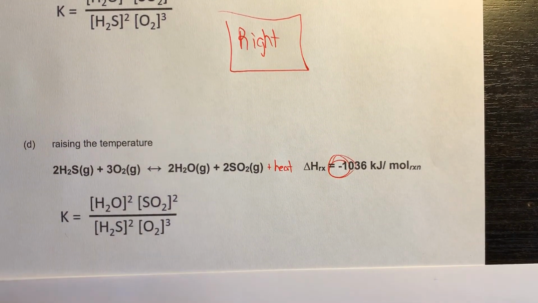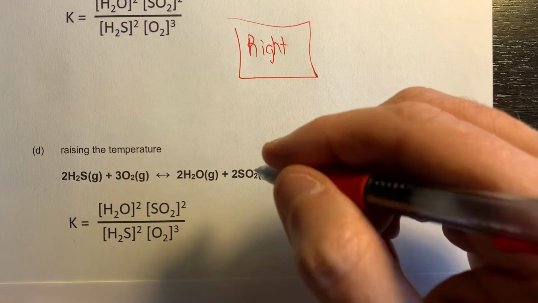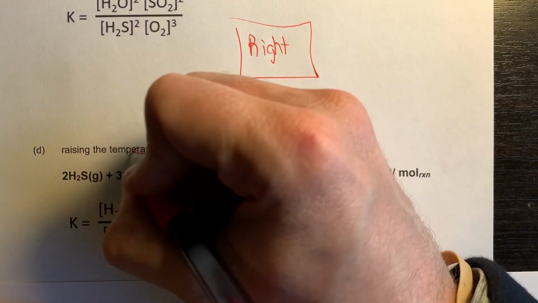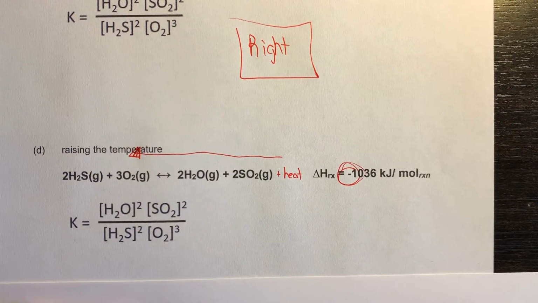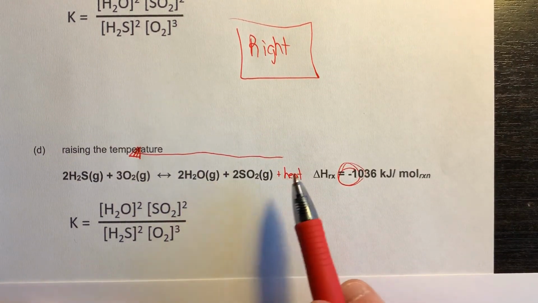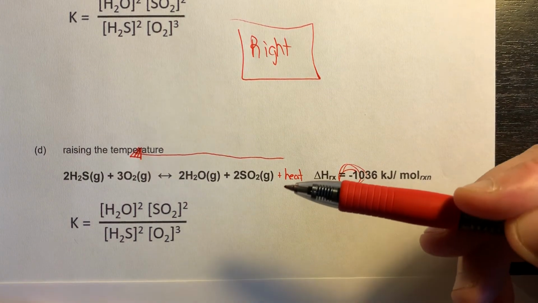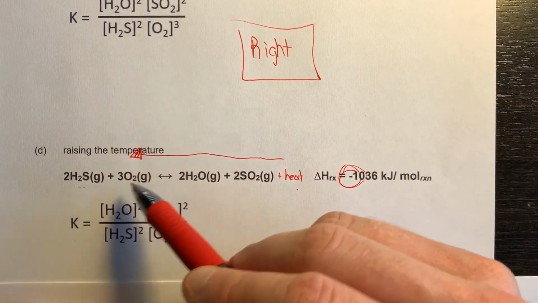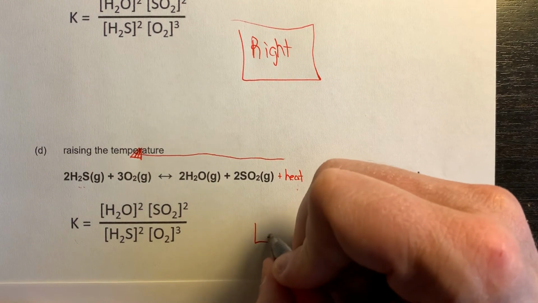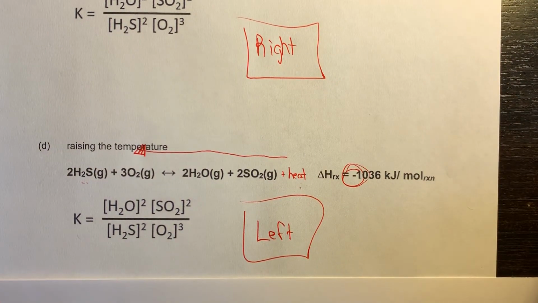Well, if we raise the temperature and the system wants to find a way to lower the temperature, we want to get rid of heat, right? We want to essentially use it up or consume it. And in doing so, this reaction will shift to the left, and our products, also heat, are going to react in order to form our reactants, as it were. So we will end up shifting left here, okay?